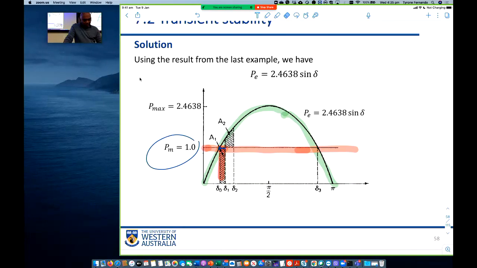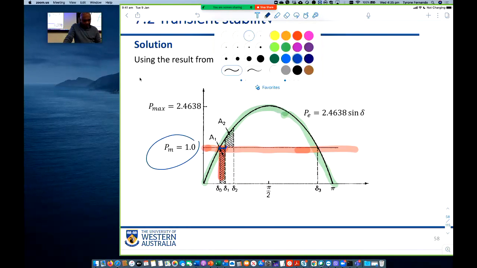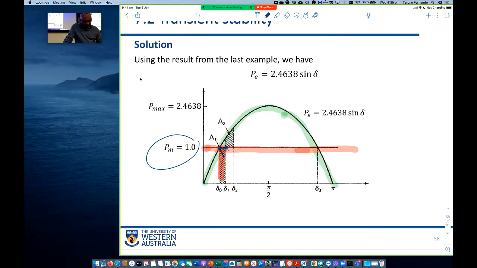So what will happen now? When the green circle comes back, your mechanical power is here, at that point. Electrical power is there, it starts decelerating. So the angle will still increase but decelerating, and this area A2 must grow until it equals area A1.